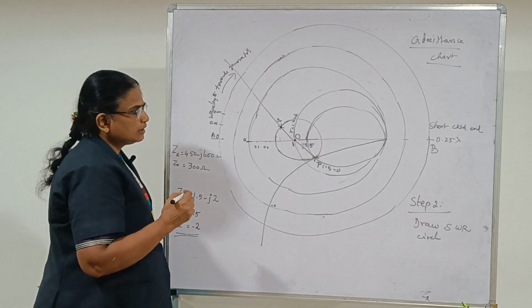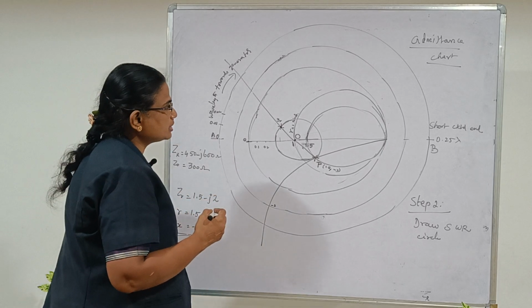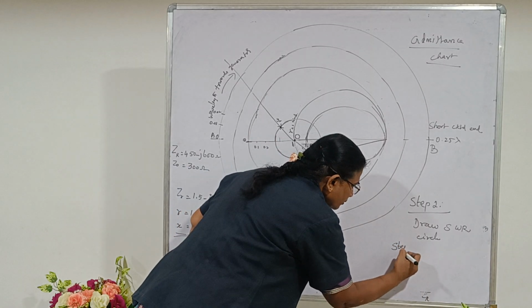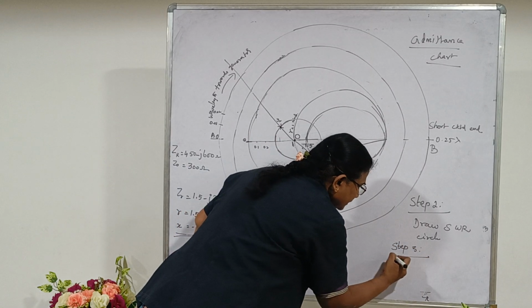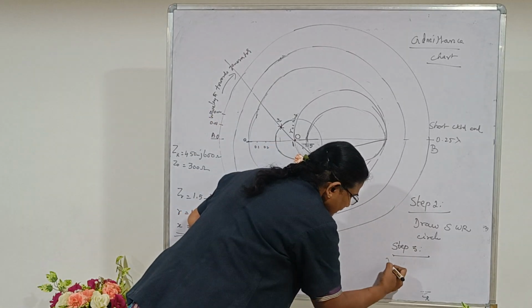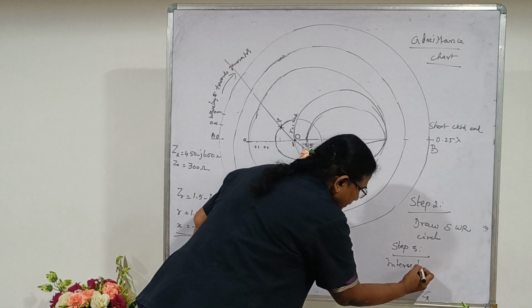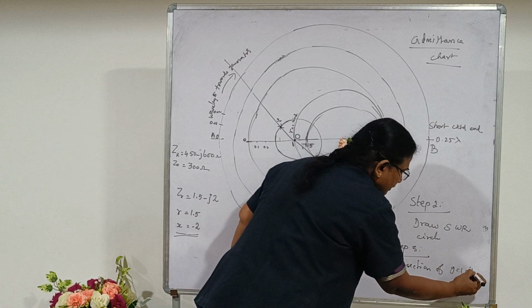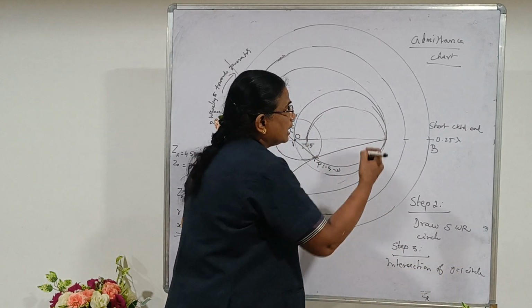Next step is we need to find the intersection of the G equal to 1 circle and the drawn SWR circle. Now we are going to use the chart as an admittance chart.